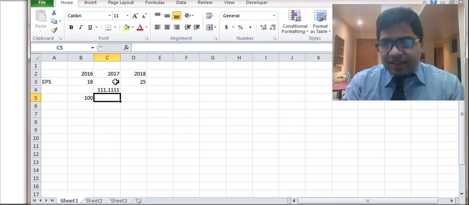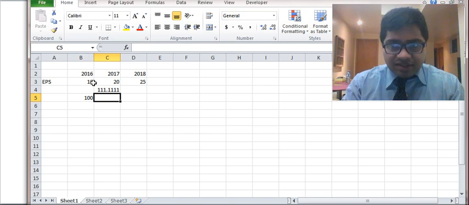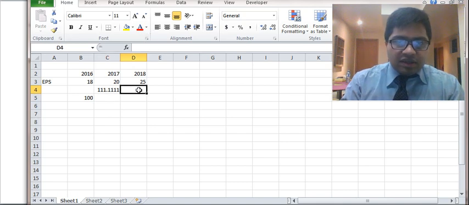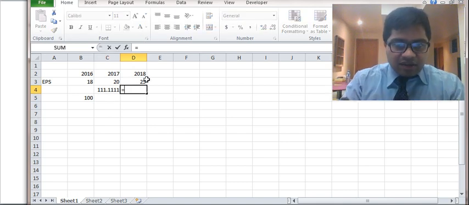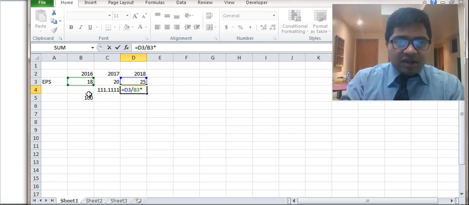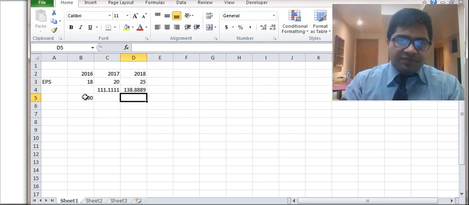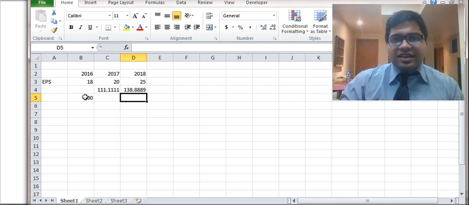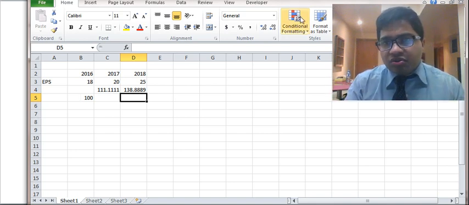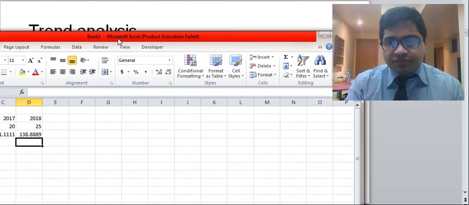So current year's data divided by base year's data, not the previous year's, base year's data, into 100. Next year it would be current year's data divided by base year's data multiplied by 100. And then you plot this data on a graph which shows you trends.